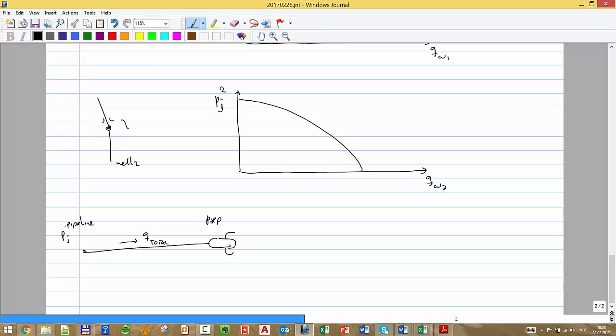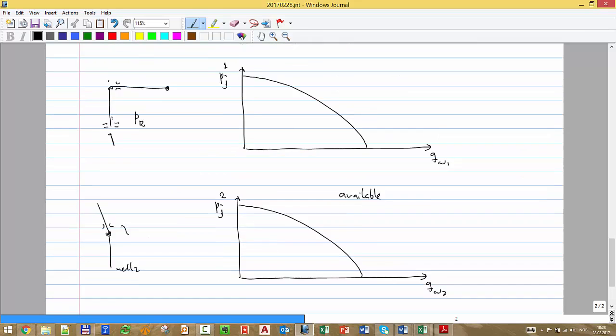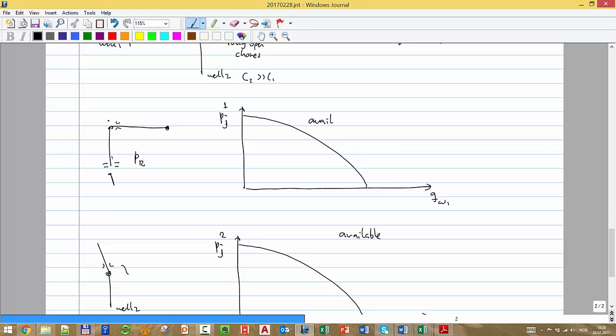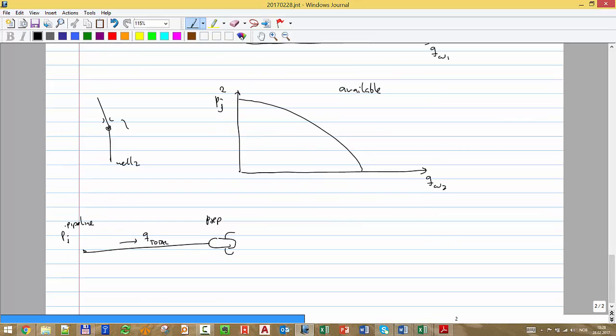And the required pressure, so that's available, this one is available, and this one is the required pressure. How is it going to look? Here we have Q total and P junction as seen from the pipeline. How is it going to look? Going up.